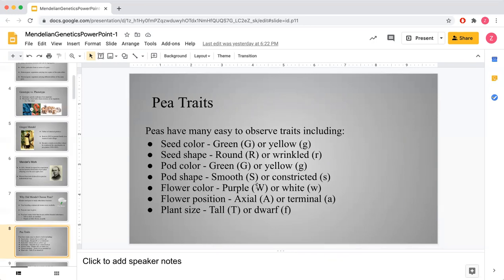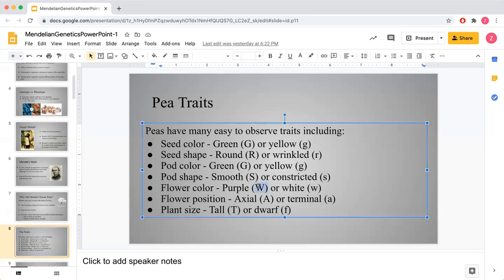Purple, we'll see, is dominant, and so it's abbreviated with a capital W, while white is recessive, not usually seen, and is abbreviated with a lowercase w. Flower position, where the flowers are on the plants. The plant size: tall is dominant, dwarf or short would be recessive, not as common.